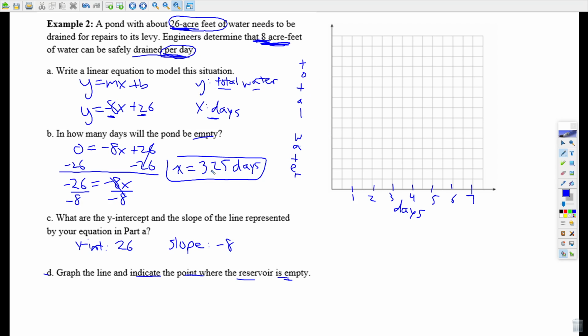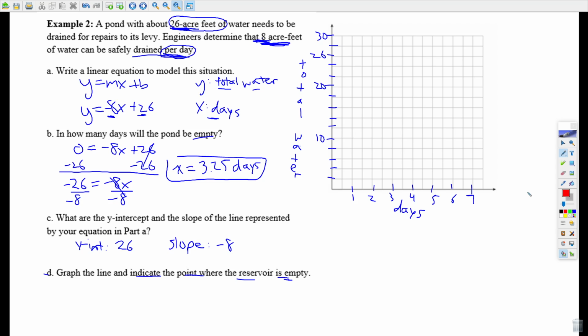And then for my total water, since I'm starting at 26, I need to at least make it up to there. I think I'm going to go by 2s. So 2, 4, 6, 8, 10, 2, 4, 6, 8, 10. Takes me up to 20. 2, 4, 6. There's 26. That's a good starting point.